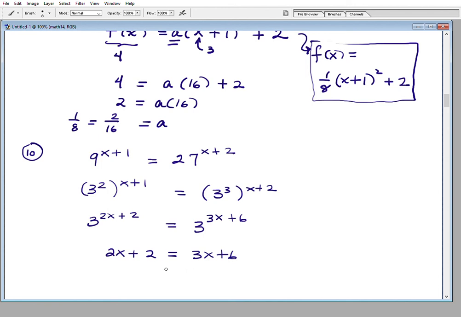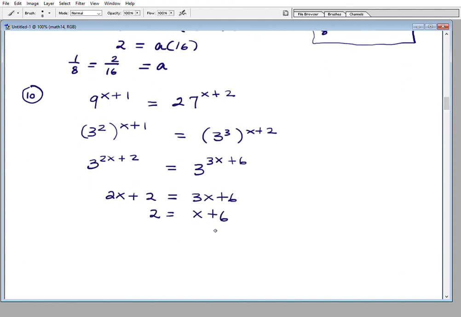Subtract 2x from both sides, and we have 2 is equal to x plus 6. And now finally, just subtract 6 from both sides, and we have x is minus 4. So that's how we solve exponent equations, when we can put both sides in terms of the same base.